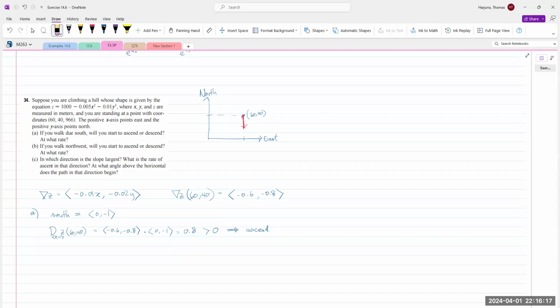Part B, similarly, what happens if we go northwest? Northwest is the direction negative 1, 1, but we need to divide by the magnitude though. So the directional derivative at negative 1 over radical 2, 1 over radical 2 of z at 60, 40 will be negative 0.6, negative 0.8 dot 1 over radical 2 times negative 1, 1.